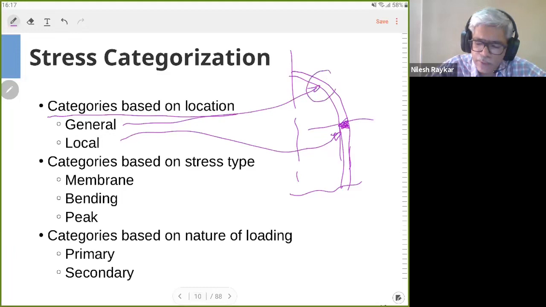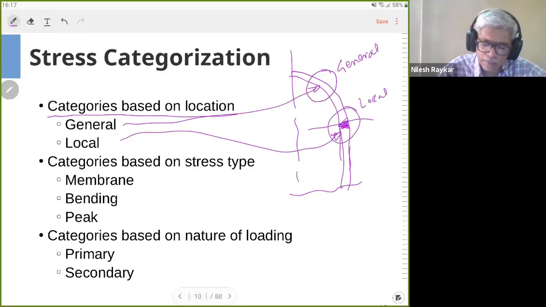So in this zone it is a general stress, and in this location it is the local analysis.